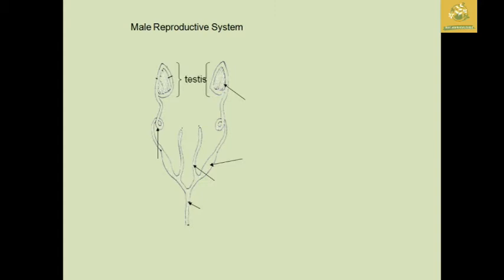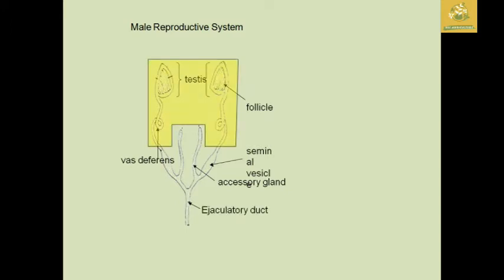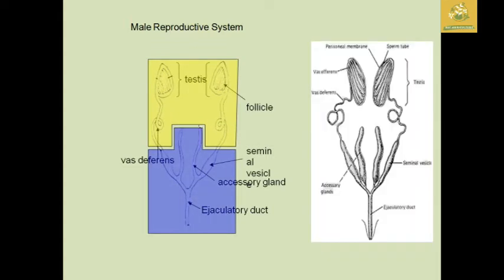In the male, these are the testes, and inside the testes are the follicles, then the curved vas deferens, and they have a seminal vesicle as well as the accessory glands and the ejaculatory duct. These are the things found in the male reproductive system, both primary as well as secondary.